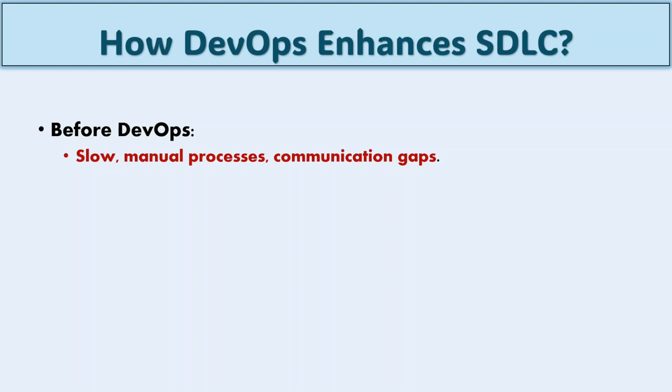In the initial stages, there was a development team and an operation team. The development team used to write code for the software or application and test it in the local environment, whereas the operation team was responsible for deploying it and maintaining it in the servers. So there was a communication gap between these two teams. Because of this, errors and delays were common.